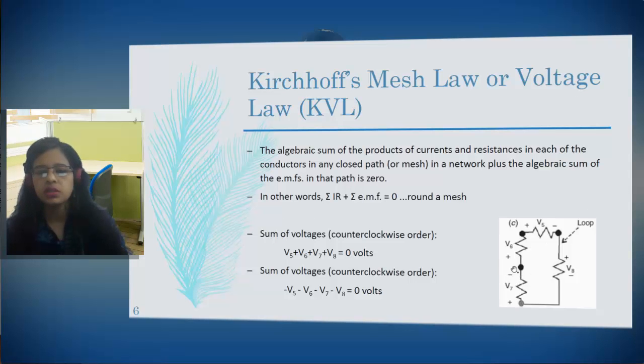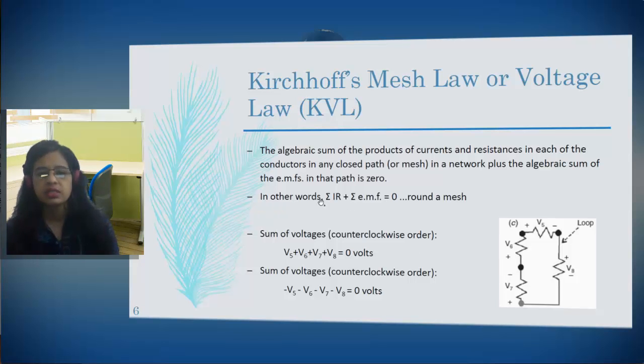The product of current and resistance gives the voltage or voltage drop. So the sum of all the voltage drops and the voltages of the EMF sources present in a single mesh will be equal to 0.